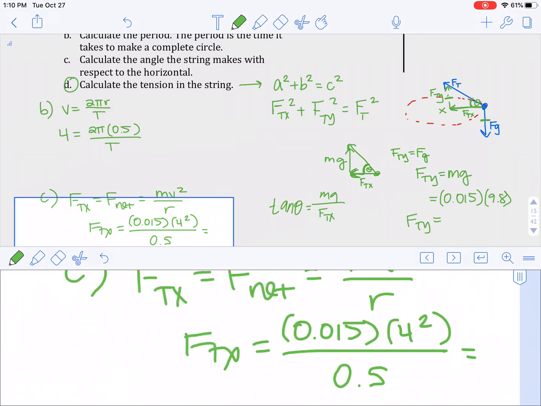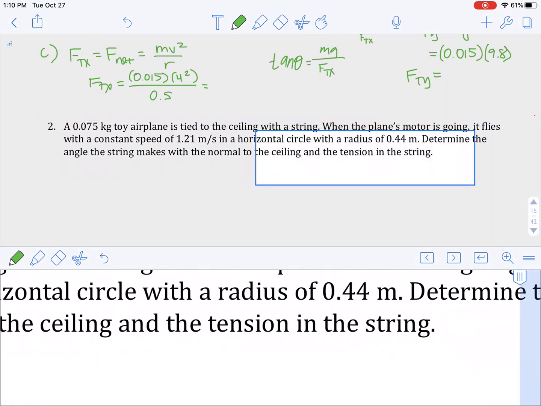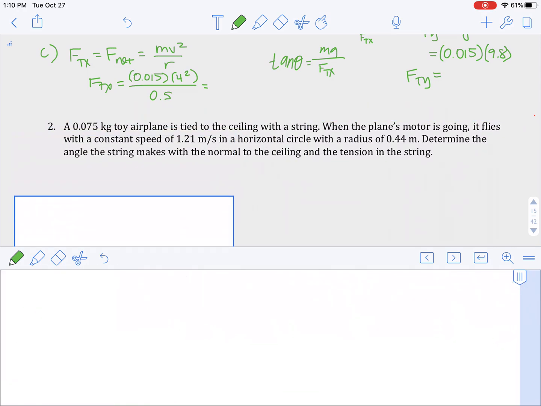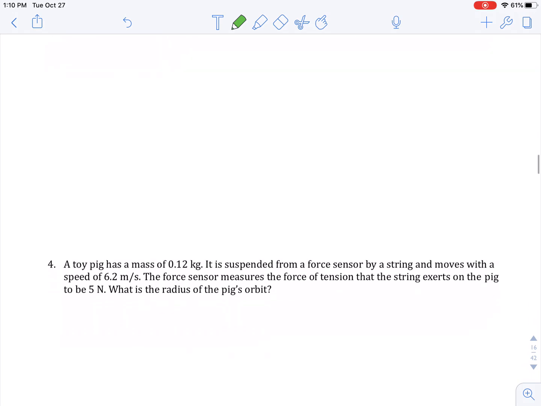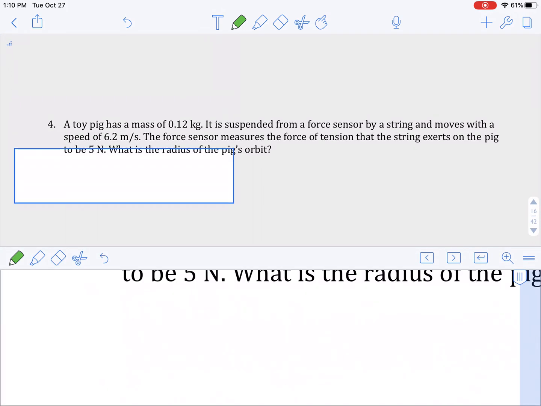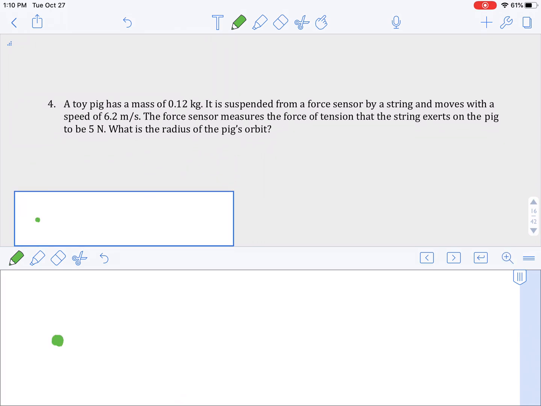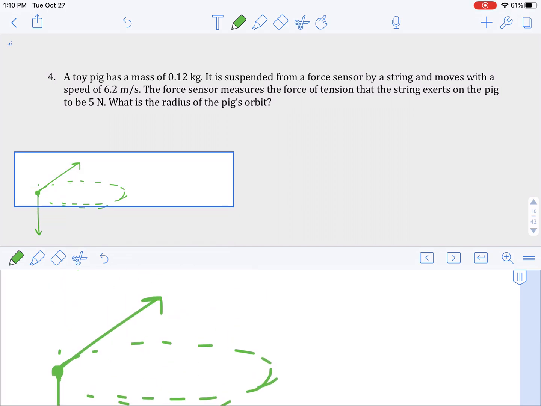All right. Then I do want to go over one more time an FBD. So let's do the pig. So here we're going to draw in our circle. We've got our FT. We've got our FG.